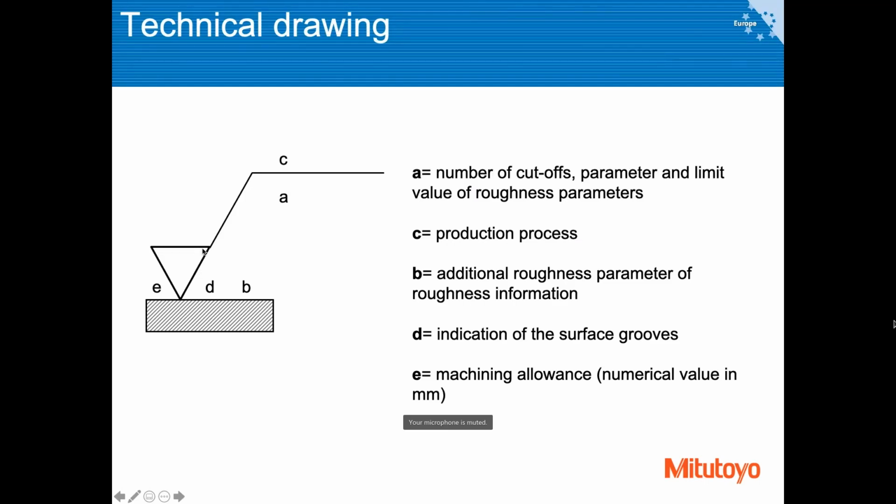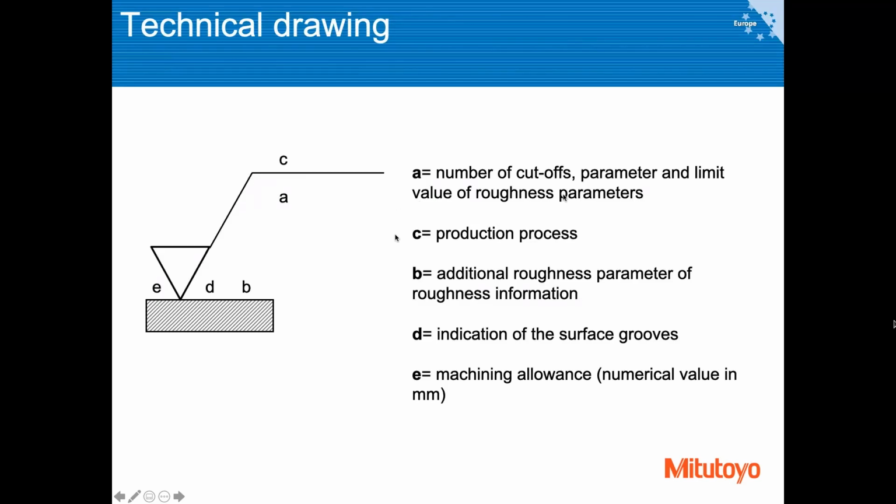The very universal symbol is just the square root type of symbol, and there are plenty of places where you can add additional information. In area A, you write the number of cutoffs, parameter, and limit values of the roughness parameter. This is the most crucial area.